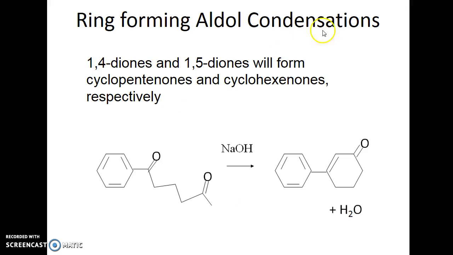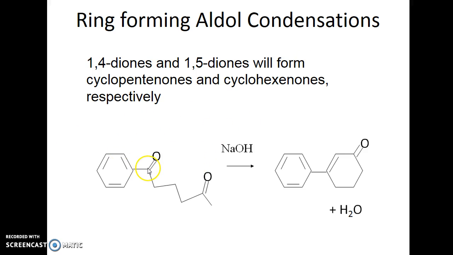Here's an example of an aldol condensation that forms a ring. Rings are very favorable reactions. So if a ring can be formed, it usually is. And 1,4-diones and 1,5-diones will do an aldol condensation quite easily and selectively for the ring form product. You don't get mixed aldol, a bunch of different products.